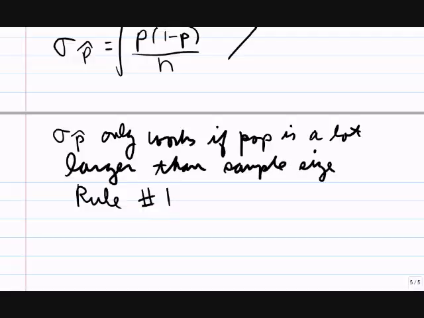If the population is not a lot larger than the sample size, then we have a different calculation for standard deviation, and a lot bigger would be 10 times bigger. So our sample size of 5, 10 times 5 is 50. The whole population of the number of times you could roll that dice had better be more than 50. Then we're okay.